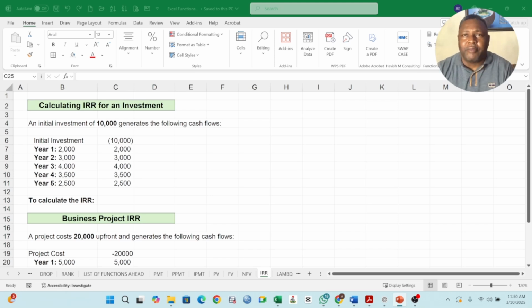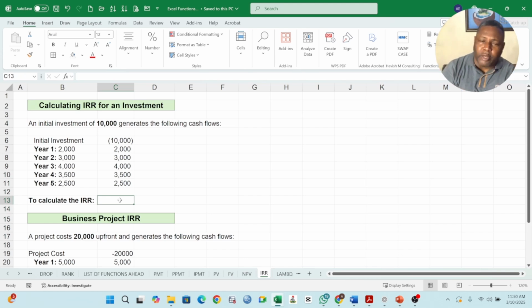So now we have the IRR for an investment. Most of the time, there's a standard rate that has been given. Maybe you want to pick up a loan and you are looking at the rate it is going to take for the payment of the loan, and then you calculate your rate of return on your investment.